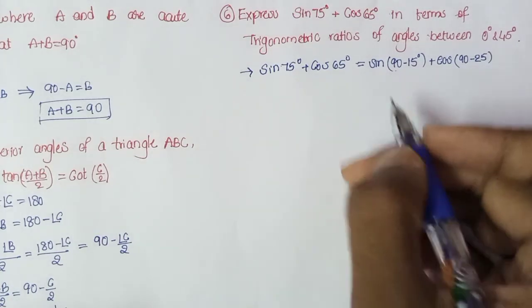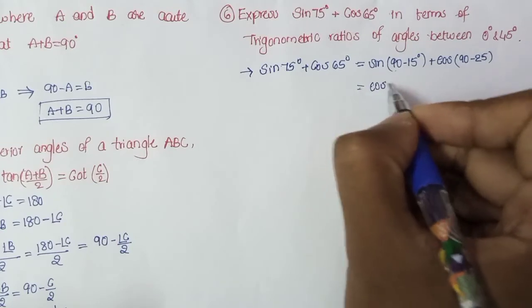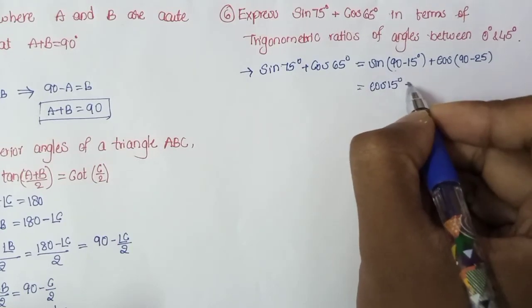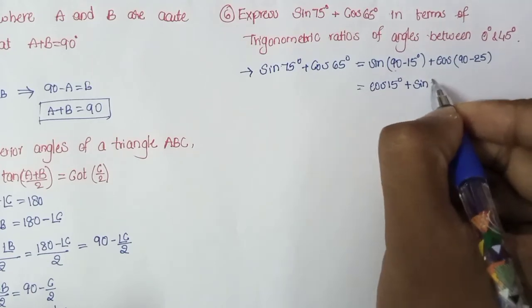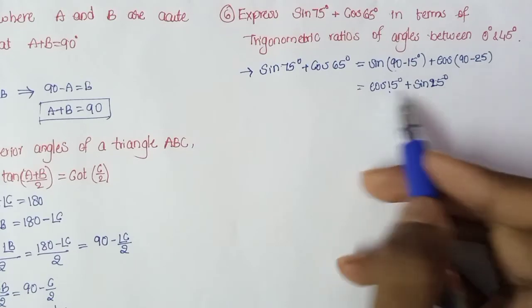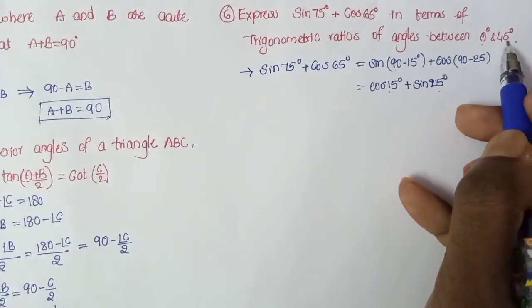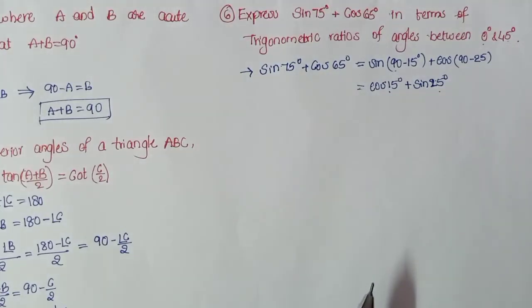Here sin (90 minus theta) is cos theta, so cos 15 degrees, plus cos (90 minus theta) is sin theta, that is sin 25 degrees. So these 15 and 25 are lying between 0 and 45. So this is the answer for this question.